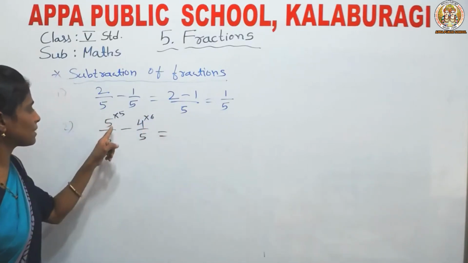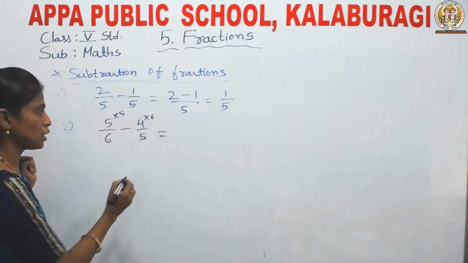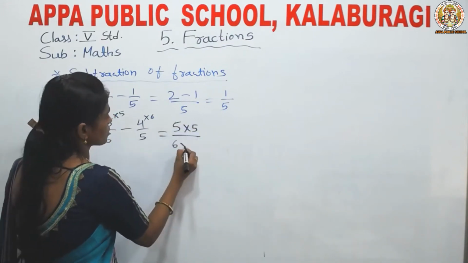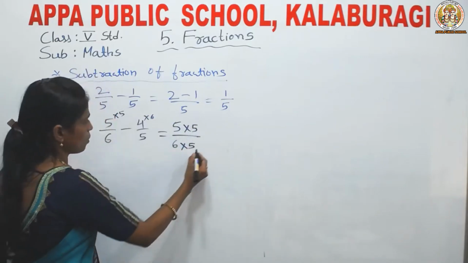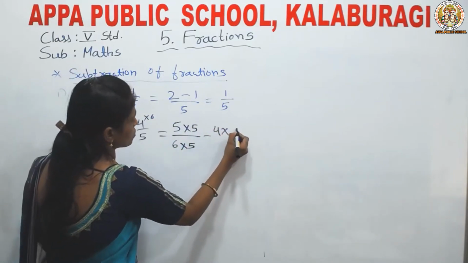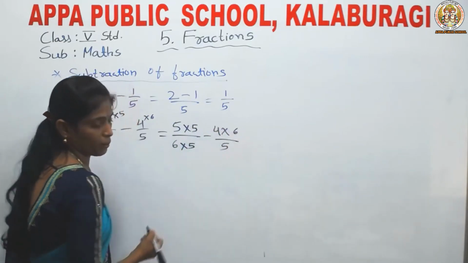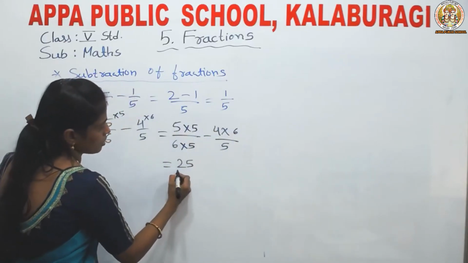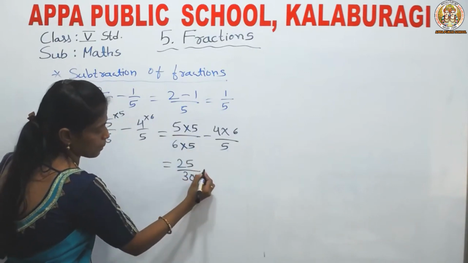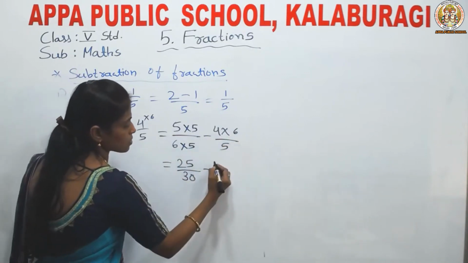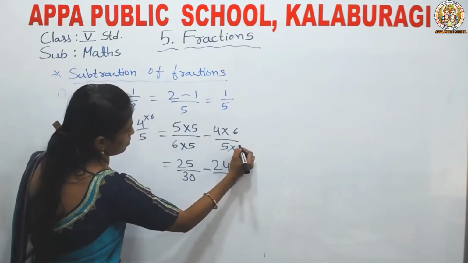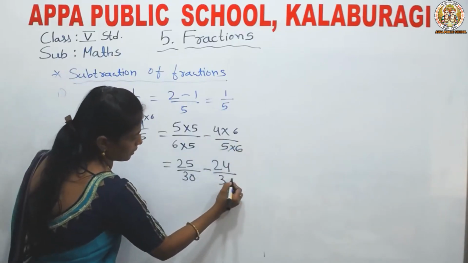Now multiply the numerator and denominator: 5 into 5 divided by 6 into 5 minus 4 into 6 divided by 5 into 6. Next, 5 5s are 25, 6 5s are 30, minus 6 4s are 24 divided by 5 6s are 30.